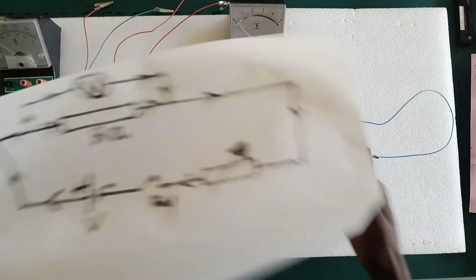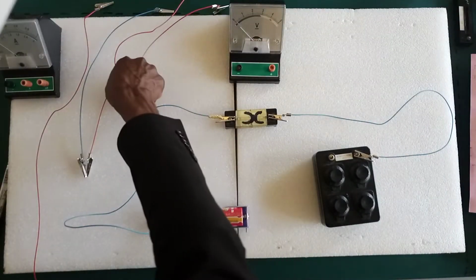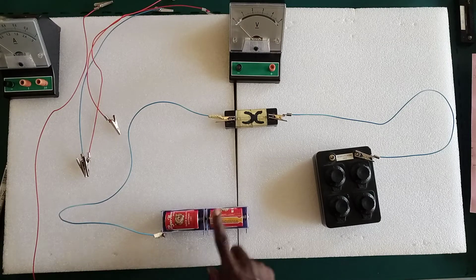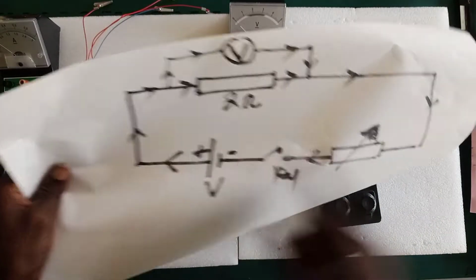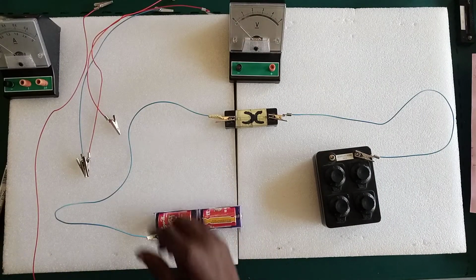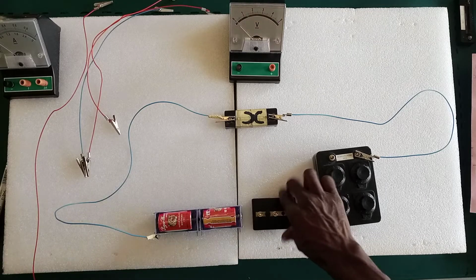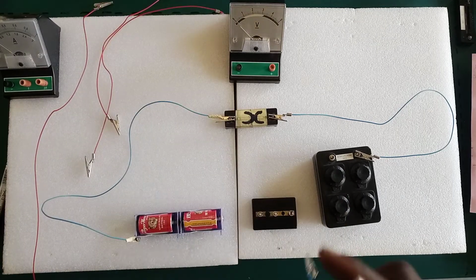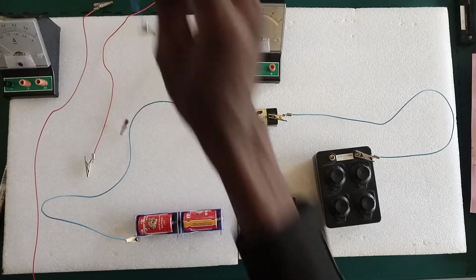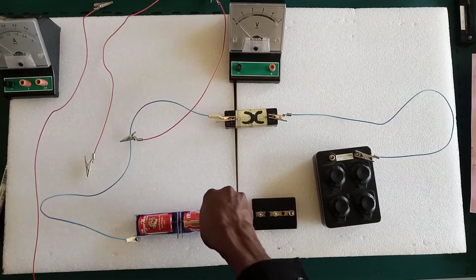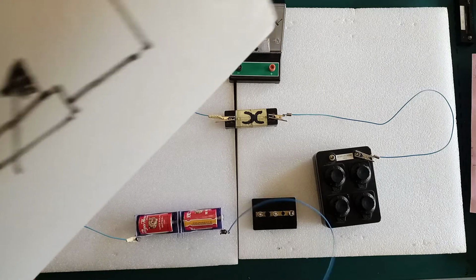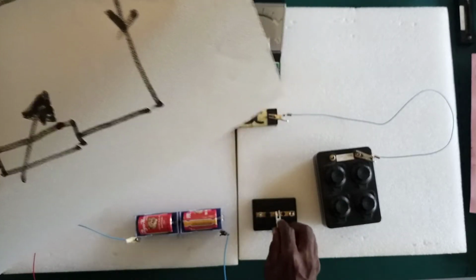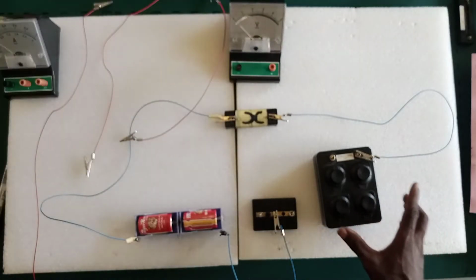And then resistor to the battery. Look at it here. Now the next thing is the key. The key is in between here. We have the key, the battery to the key. Can you see that?